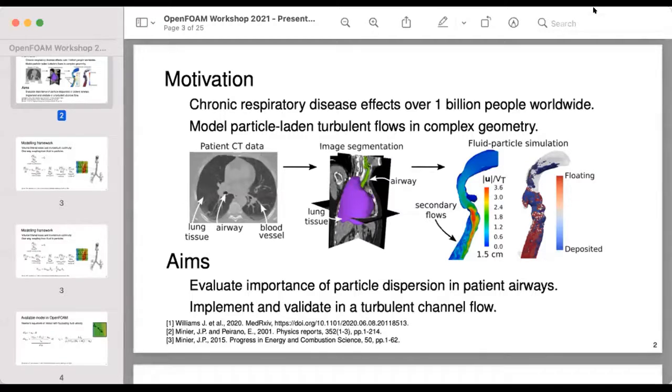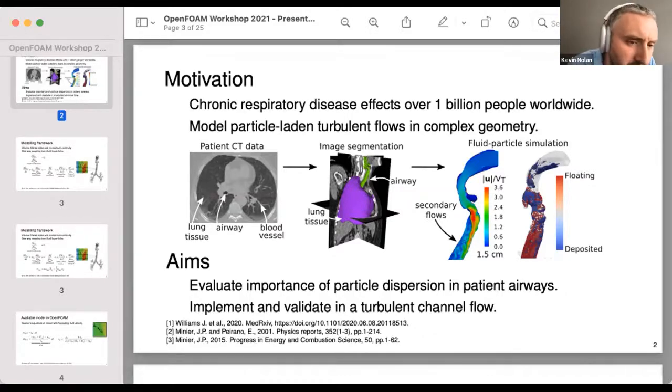So that could be one way to implement this for improving ventilation. I've been doing some experimental work in a local hospital here, looking at how high flow nasal oxygen therapy can lead to the spread of COVID. So there are certainly internal flows of interest too. So I wouldn't neglect it.